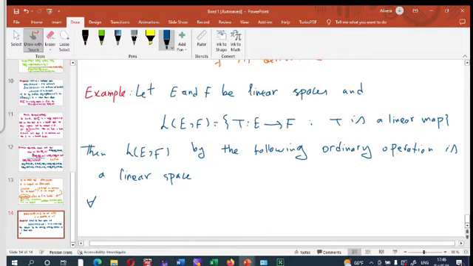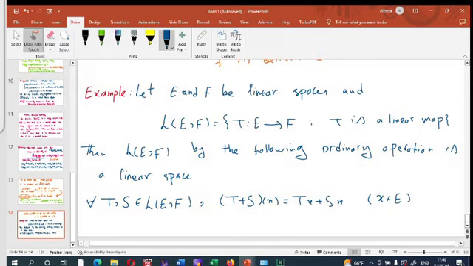For all T and S, for example, in this space L of E and F, we define T plus S of any x equal to T of x plus S of x for any x in E. Please note that T of x is an element of F, because we know that T and S are functions from E to F, okay?